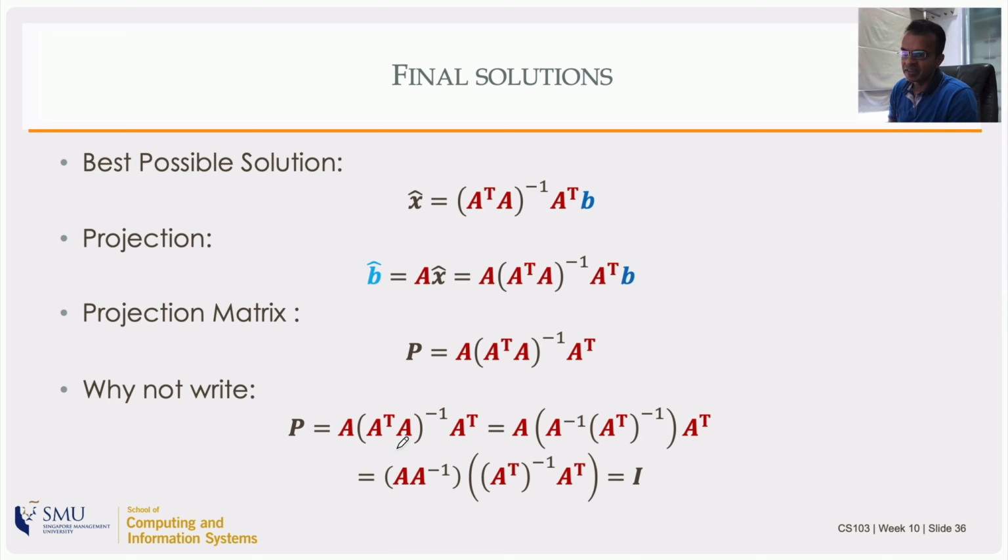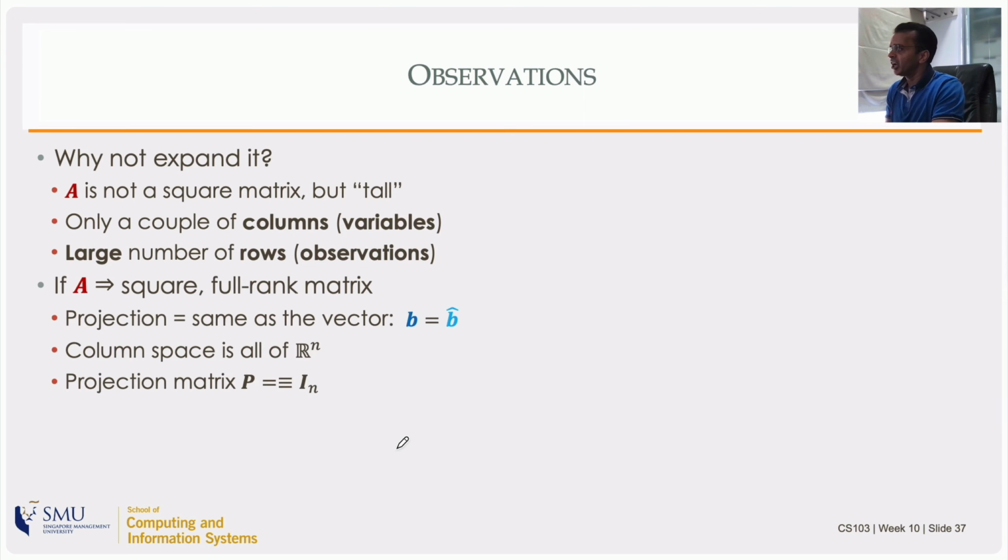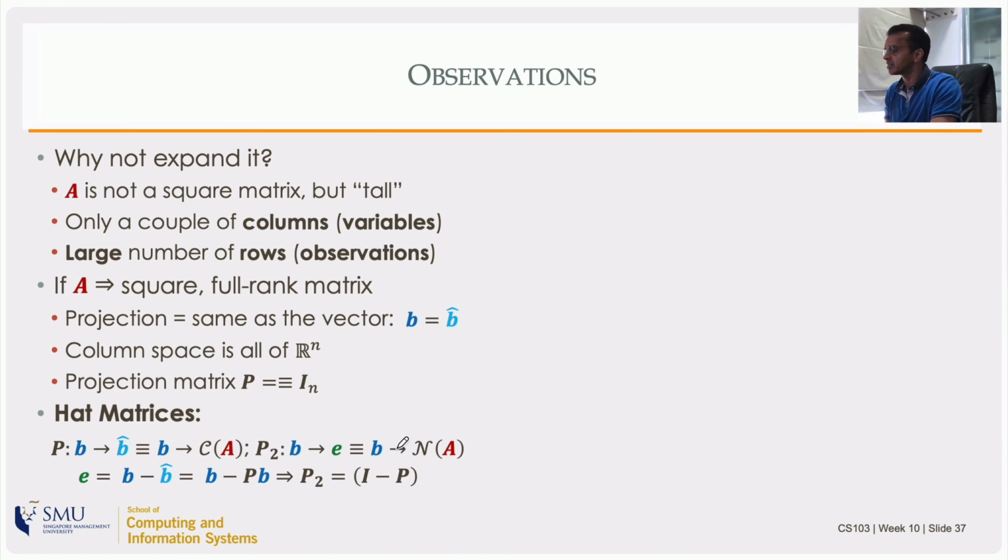So like I said, it is impossible to find any kind of mathematical inconsistency within linear algebra. It is beautifully sewn together. Everything fits together very nicely. So you cannot expand it because A is not a square matrix, so it's not invertible. If A were a square and full rank matrix, then the projection is the same as the vector that you're projecting, because the column space is all of Rn, and the projection matrix is the identity matrix.